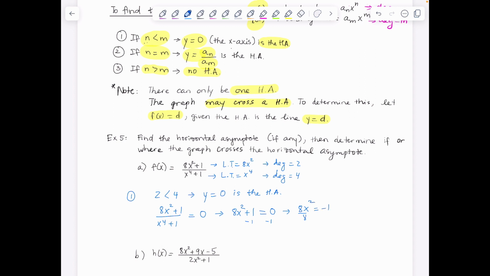And then divide both sides by 8 to isolate the square. So we have x squared is equal to negative 1 over 8. At this point, we would take the square root of both sides, but we can't take the square root of a negative real number, so therefore this one has no solution. And because it has no solution, it means that the horizontal asymptote will not cross the graph. So we're going to say will not cross here.